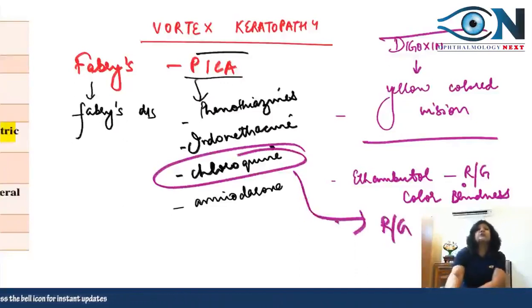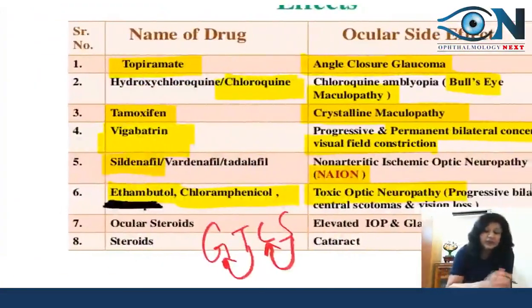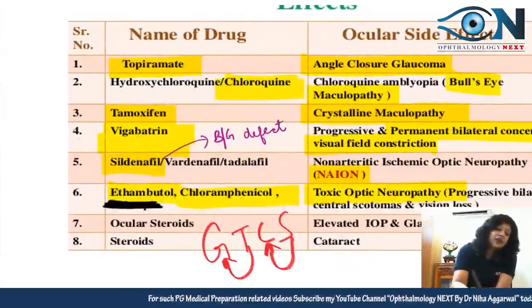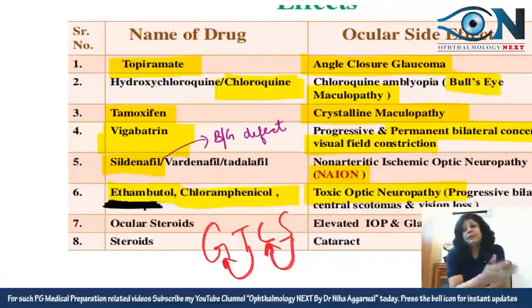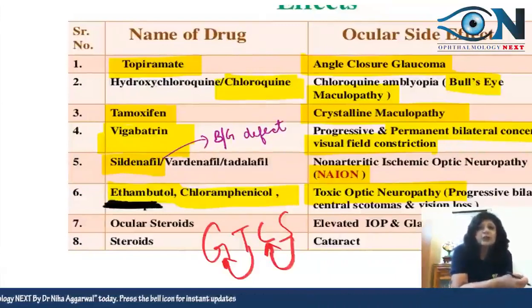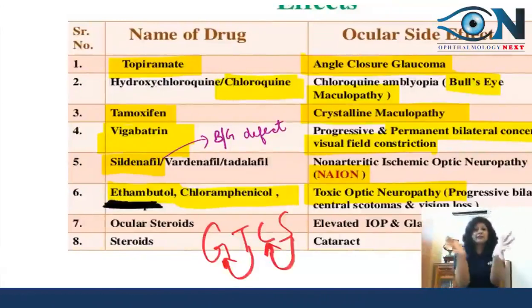Ethambutol is causing the total blindness, while chloroquine is causing the defect. And if you see this one, the sildenafil, this causes blue-green defect. So there are a lot of color defects as well as blindness, which is also occurring with the help of drugs. So it is a good idea that we can accumulate everything at one place.